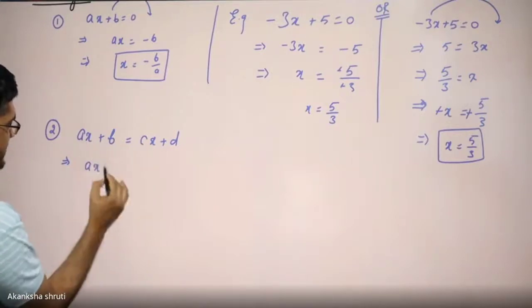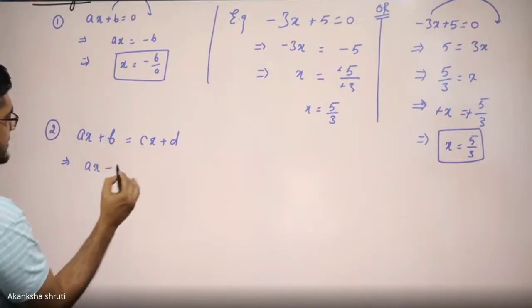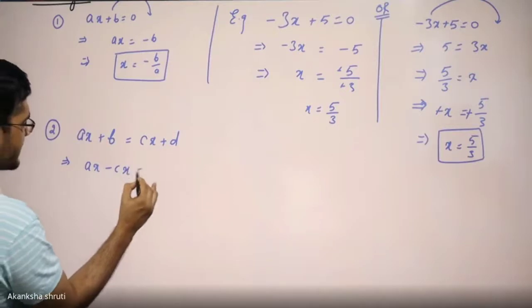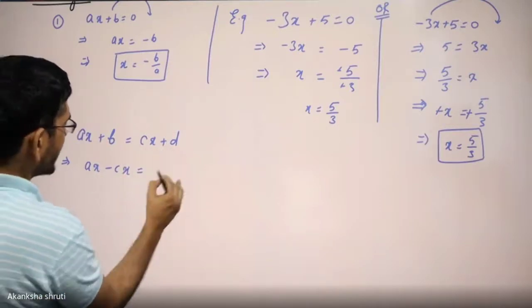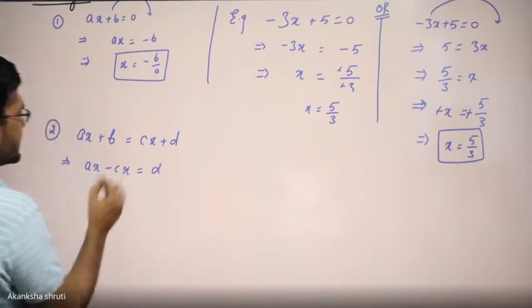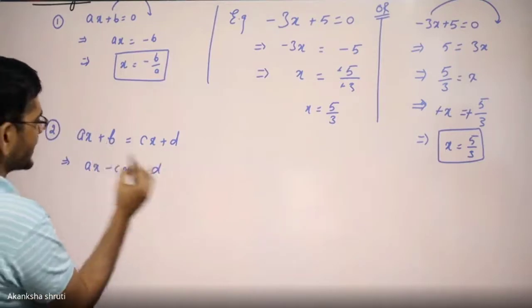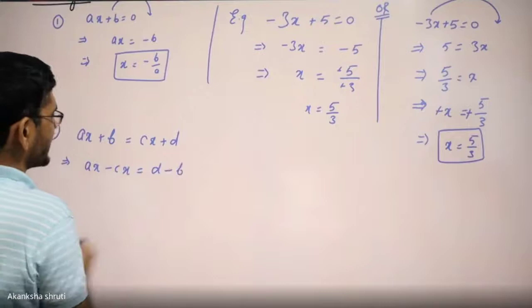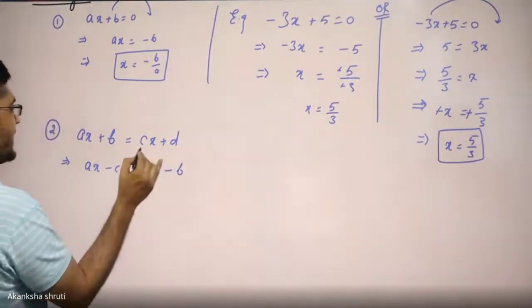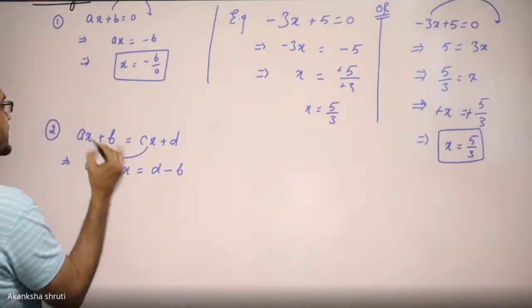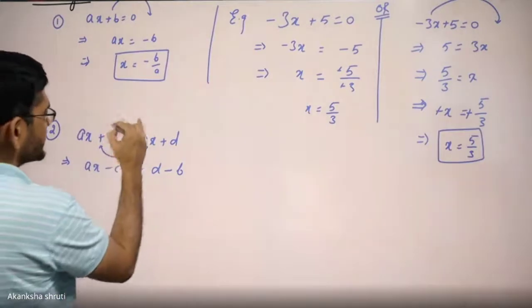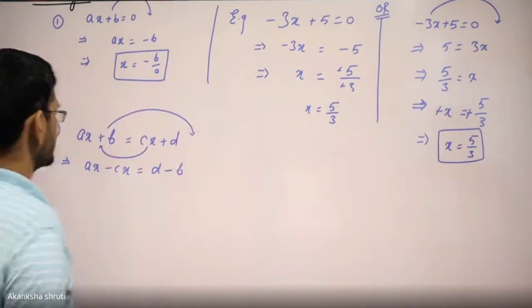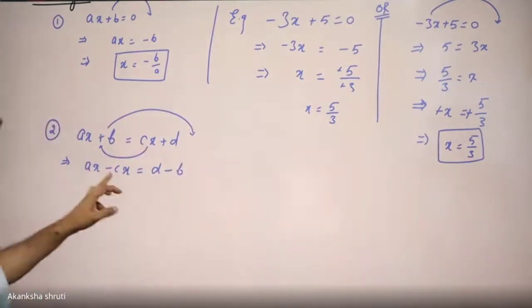So ax is already on the left hand side, bring this cx on the left hand side, it becomes minus cx. On the right hand side there is d. Now bring this b to the right hand side. On the left hand side the b is positive, so on the right hand side it becomes negative. What we have done, we have brought cx to the left hand side, therefore this cx turns into negative.